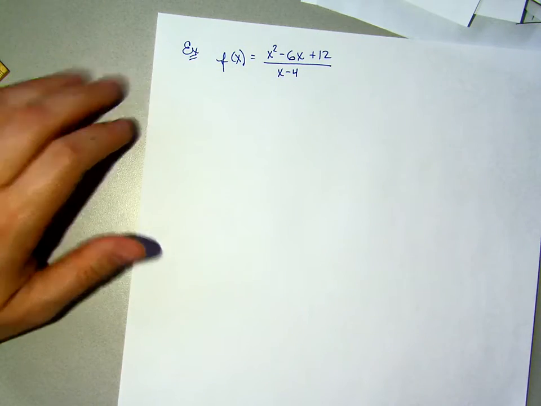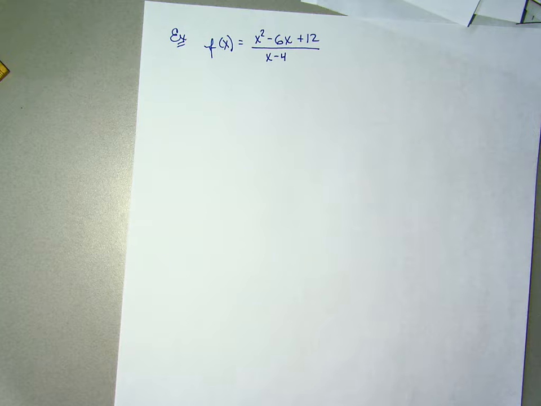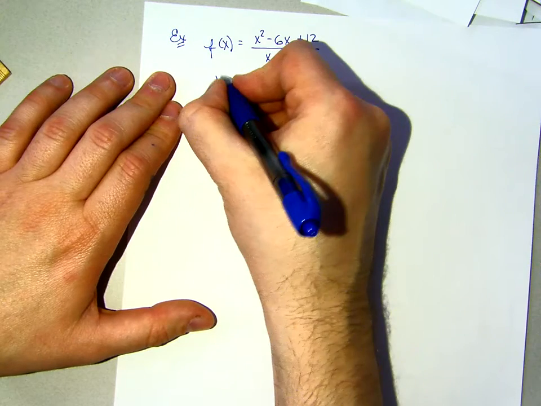Find the asymptotes. Vertical, I think, should be very easy. What is it? X equals 4.